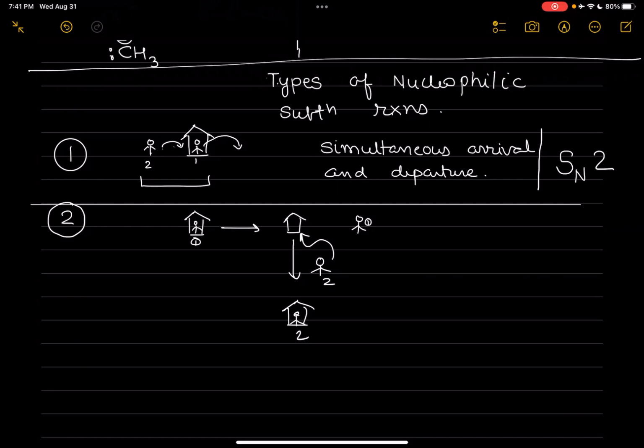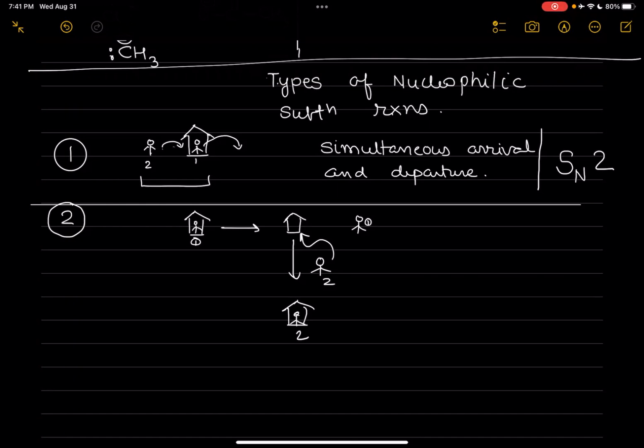So either you need to move the guest which is already sitting out of the house, and the guest which is coming, you can let in simultaneously by two opposite sides, two opposite doors. Okay. One is for the departure and another is for the arrival. That is SN2.